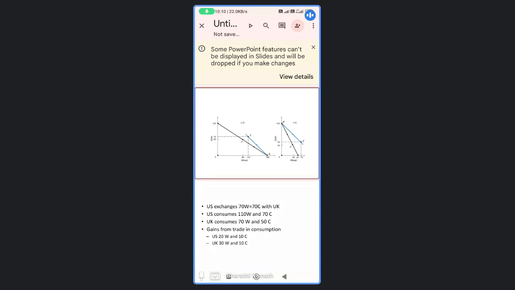So it is called specialization. Then we are saying that US exchanges 70 wheat for 70 cloth with UK.